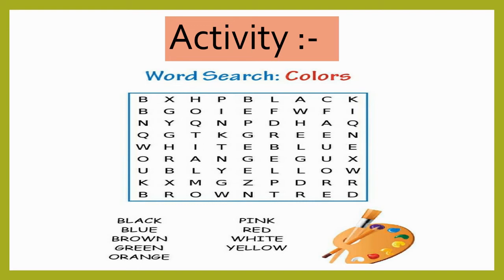Write down these names of colors because you have to find them in the puzzles. I will repeat the names of colors once again. Black, blue, brown, green, orange, pink, red, white and yellow. I hope you have written down the names of colors.